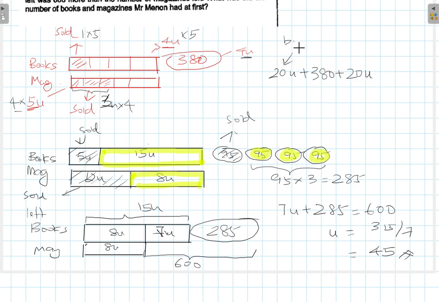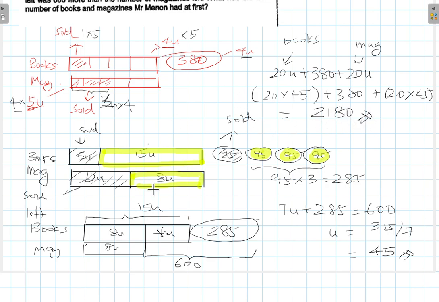This is books, this is magazine. Correct? And then you know that 1 unit is equivalent to 45. You just put 20 times 45, bracket it, add 380, plus 20 times 45, will give you a value of 2180. So at first he has 2180 books and magazine.